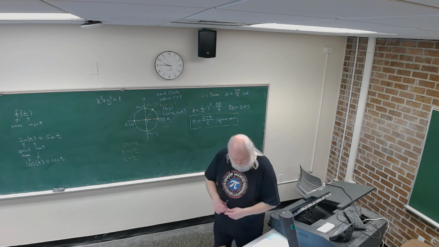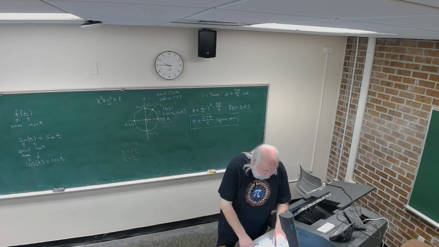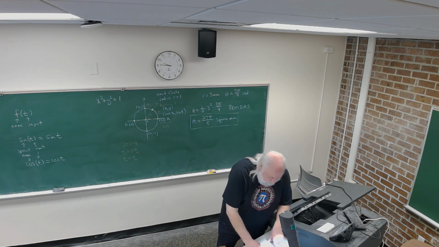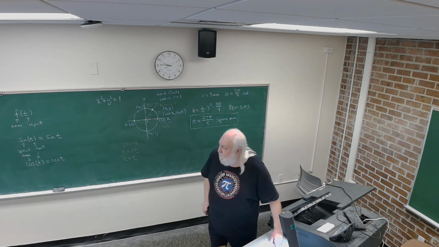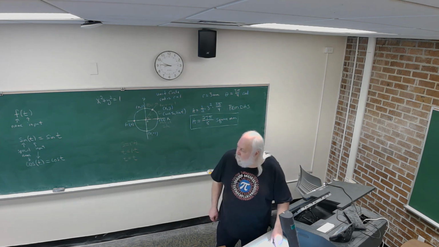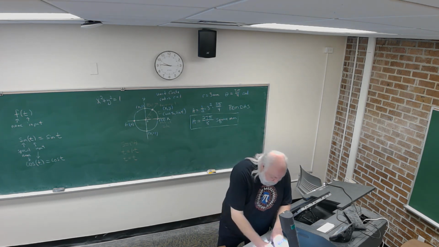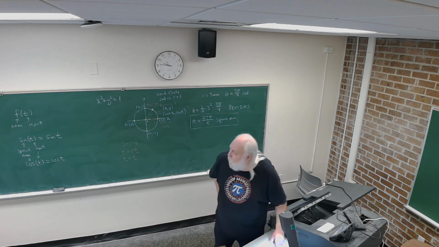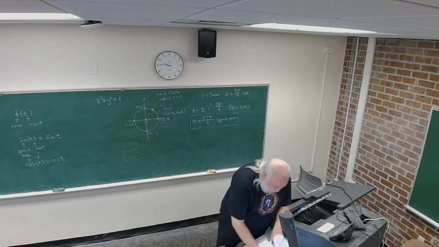So in the exercise down below, you notice that if you know the signs of sine t and cosine t, you know what quadrant P of t is in, what quadrant the angle is in. And how do we remember what quadrants sine and cosine are positive or negative? Some people use the acronym All Students Take Calculus.